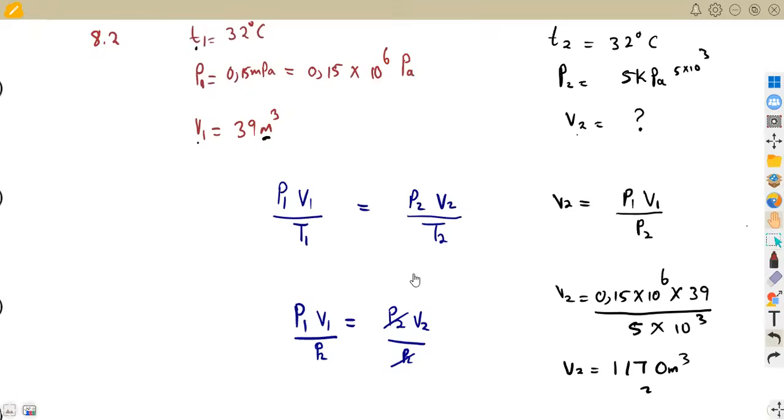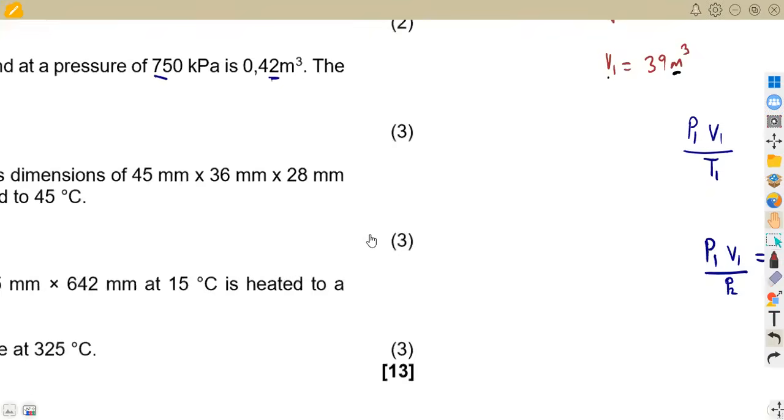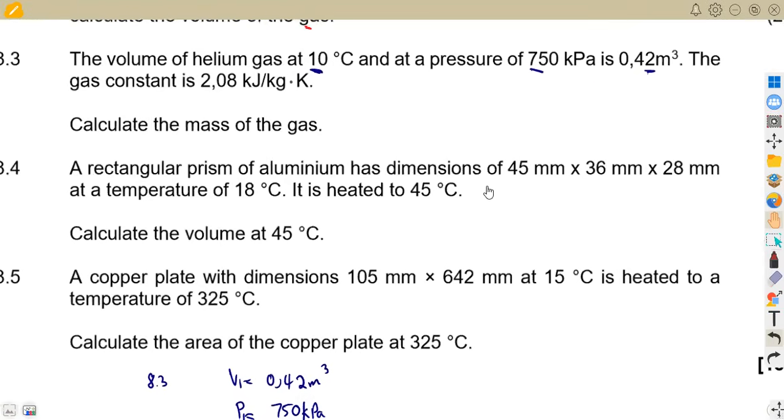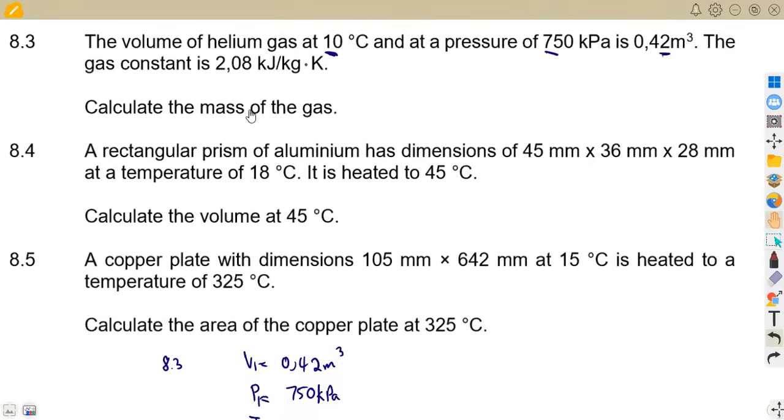But on this one, if you take note of the information that we have, we do not even have the condition of a constant temperature. So our temperature now has to be converted to Kelvin. We are supposed to work with this temperature because we are to use this temperature this time.